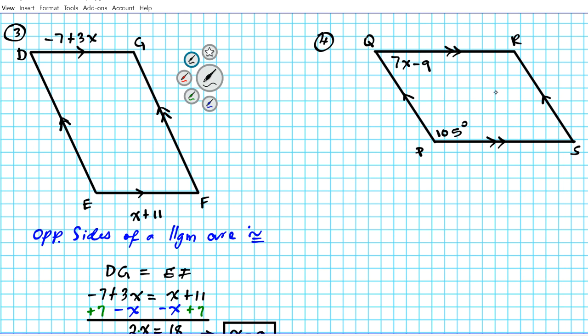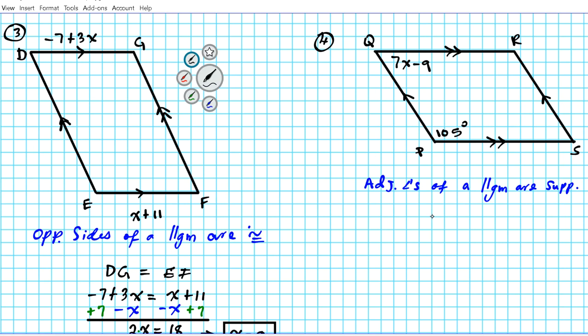What statement can we write first with this information? We need to solve for x using these two adjacent angles. Adjacent angles of a parallelogram are supplementary. Basically, they add up to 180 degrees.